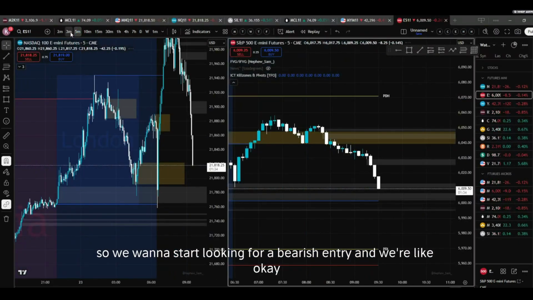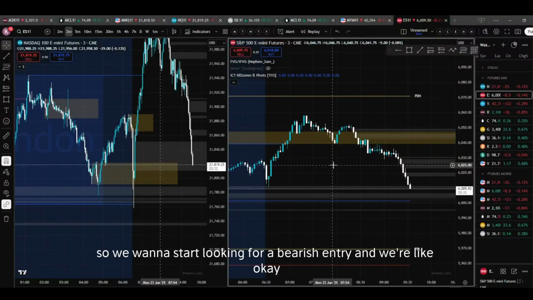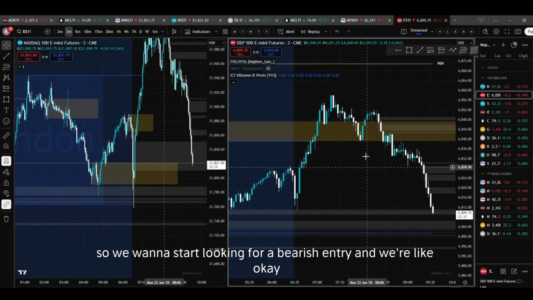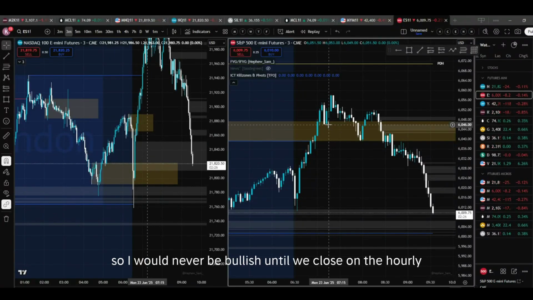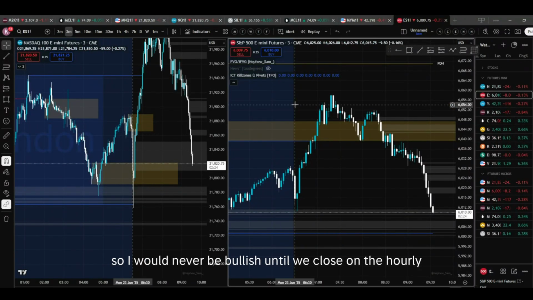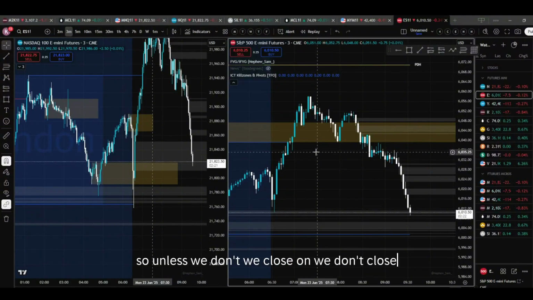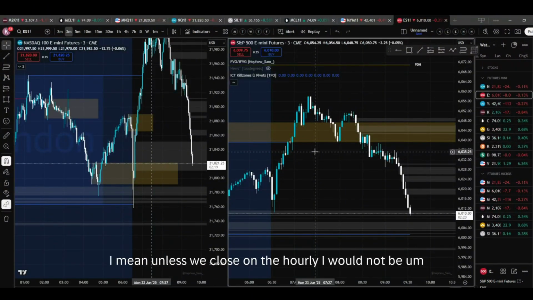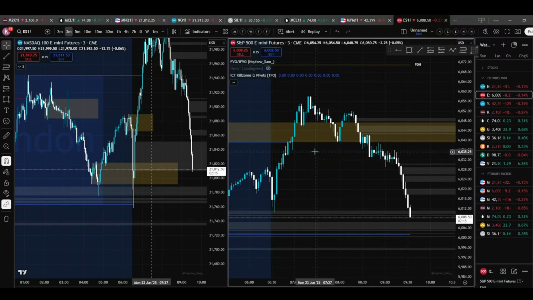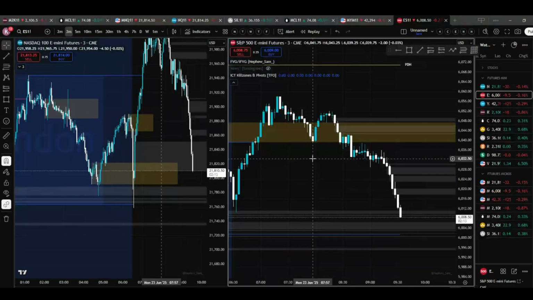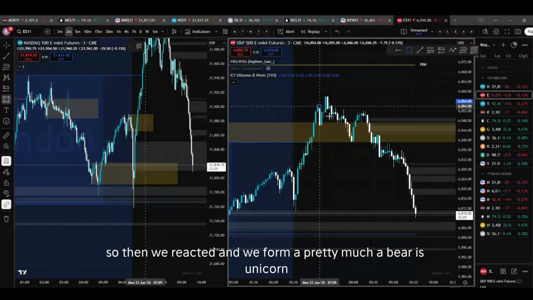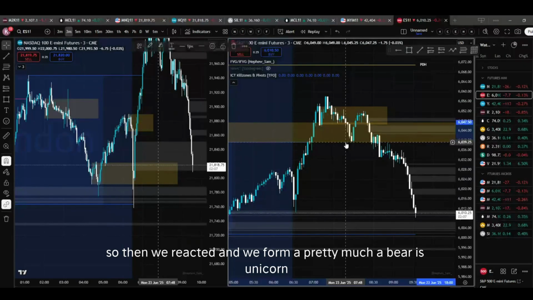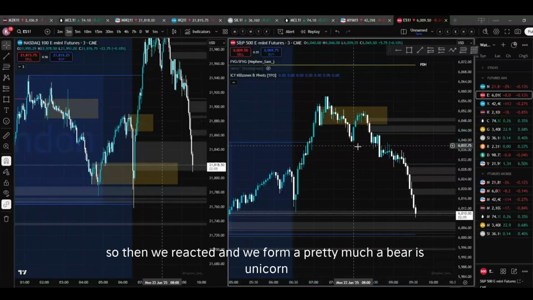So we want to start looking for a bearish entry. I would never be bullish until we close on the hourly. Then we reacted and formed pretty much a bearish unicorn.